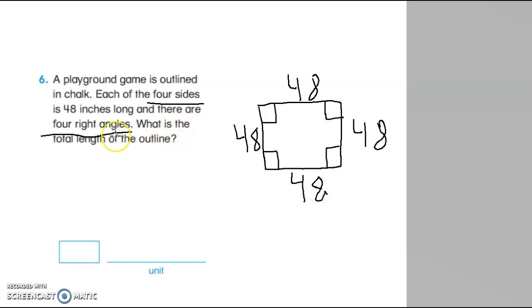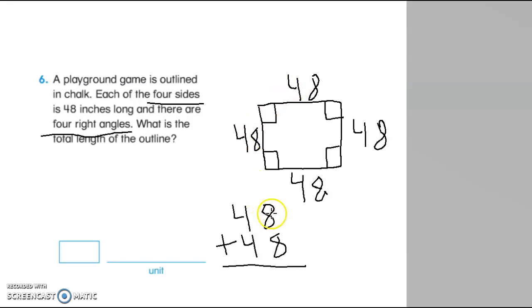Okay, what is the total length of this outline? They drew it in chalk. They're each 48 inches. I have to add them. Remember, I'm going to do this plus this, 48 plus 48.